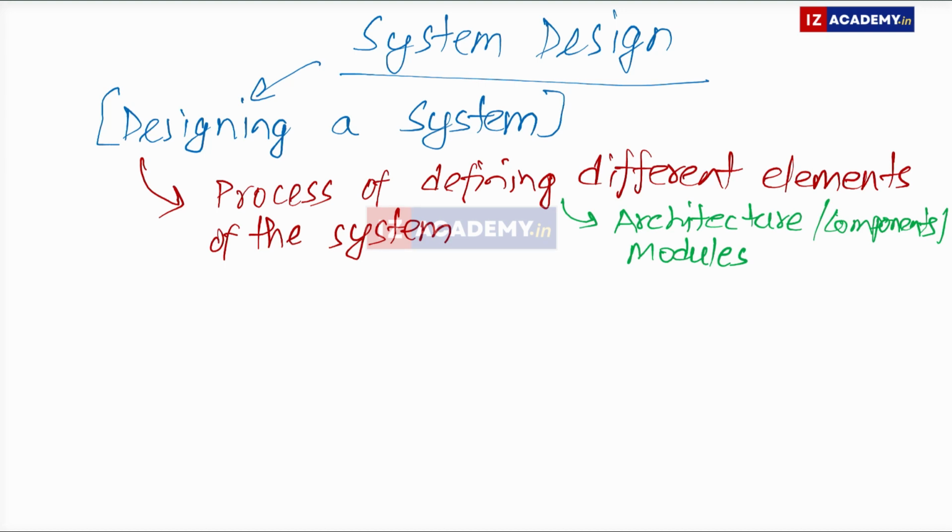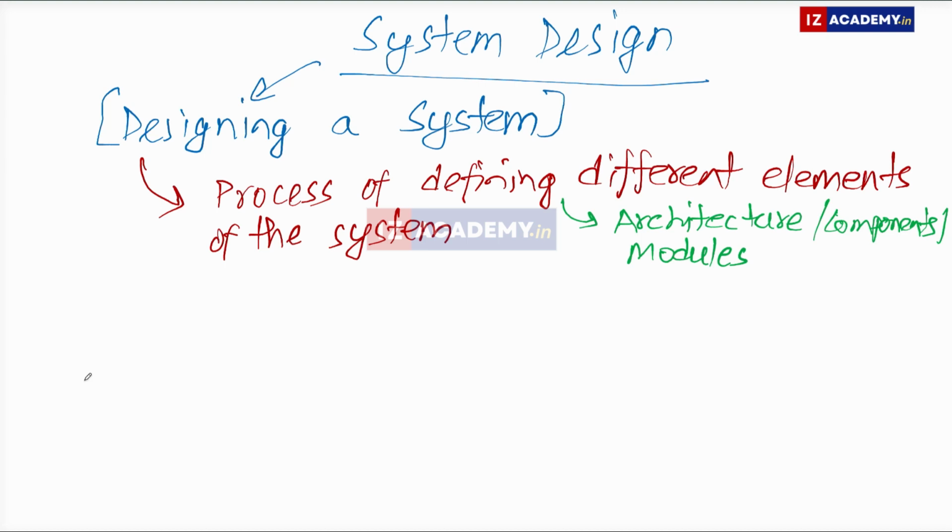So how do we define all these different elements? And in turn, when we are defining these different elements, like its architecture and the different components, we should break it down into smaller components and modules so that it is easy to work on a problem statement, right?